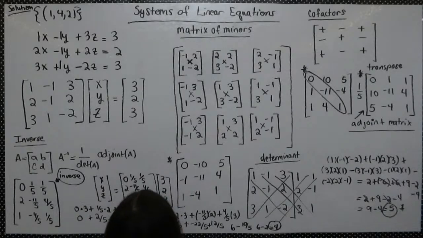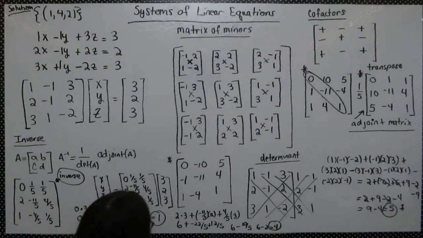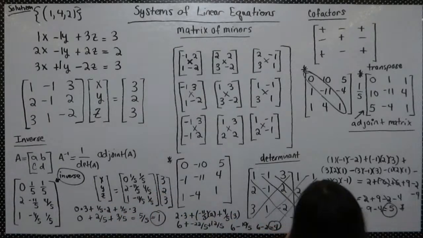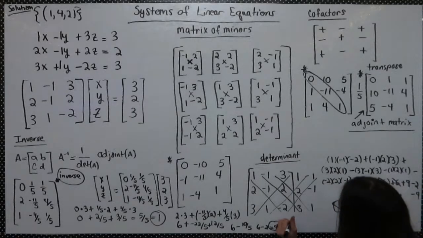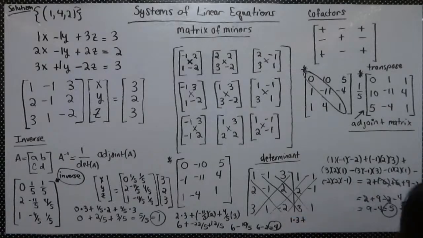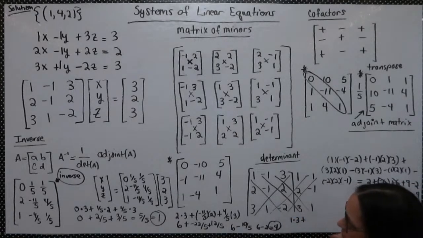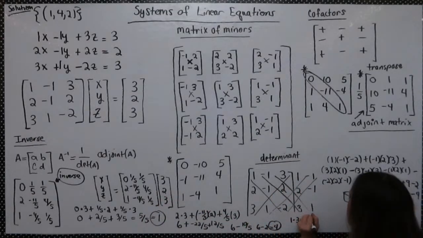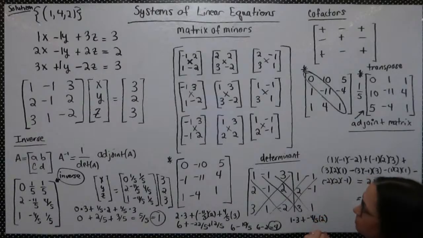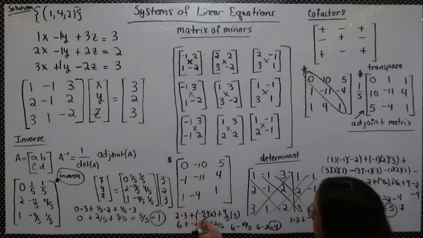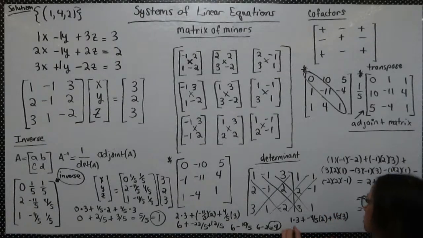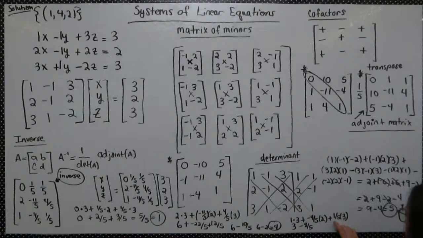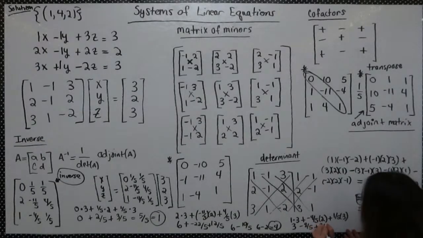And then the last one, for z, we've got 1 times 3 plus -4/5 times 2 plus 1/5 times 3. 1 times 3 is 3, -4/5 times 2 is -8/5, and 1/5 times 3 is plus 3/5.